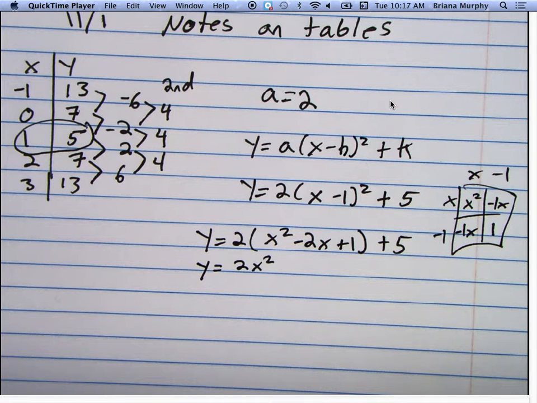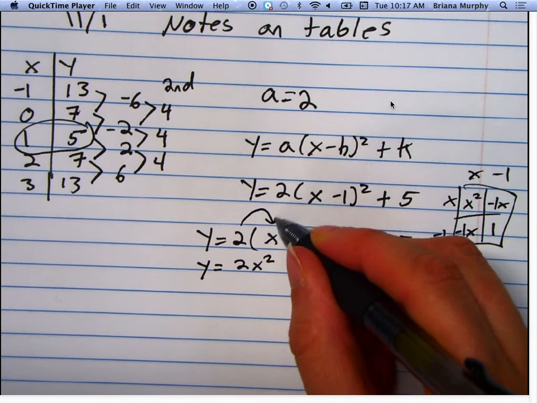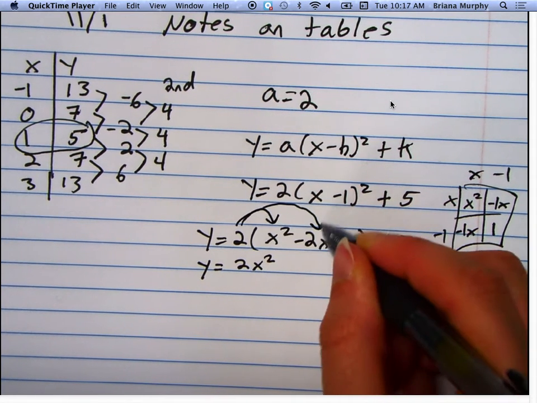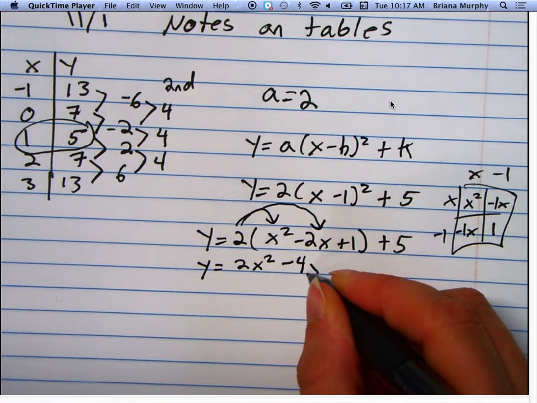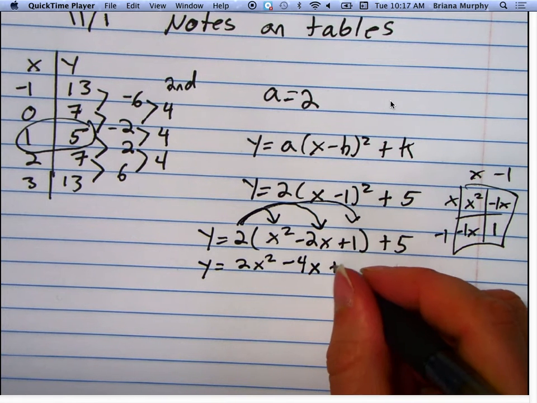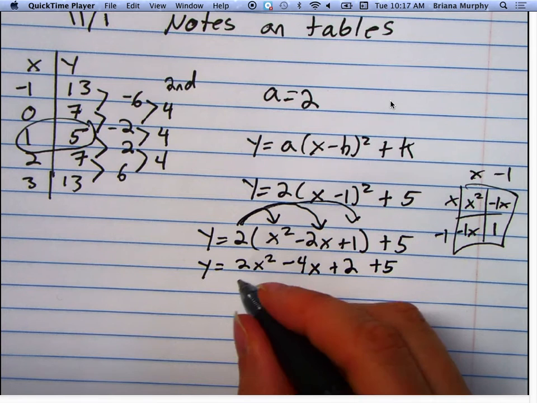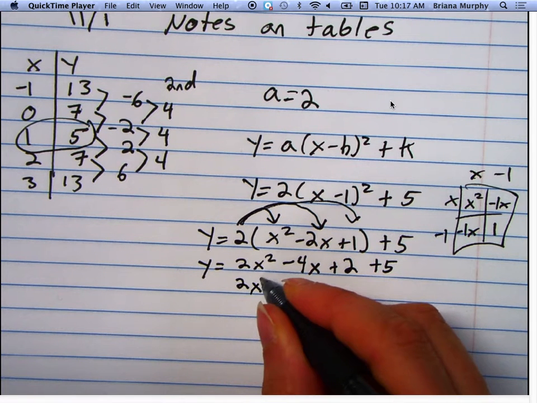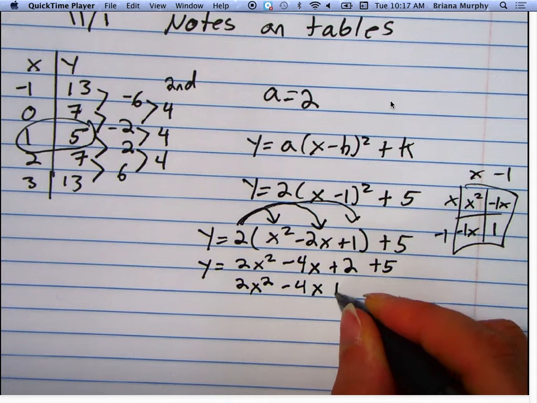Can I go ahead and distribute? I'm literally going 2 times x squared. Then I go 2 times -2x. Then I go 2 times 1 plus 5. And I get 2x squared minus 4x plus 7.